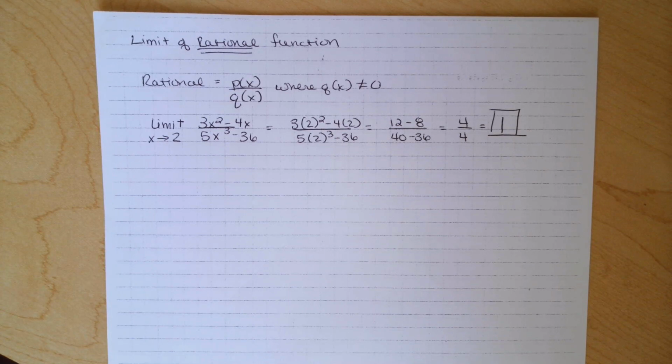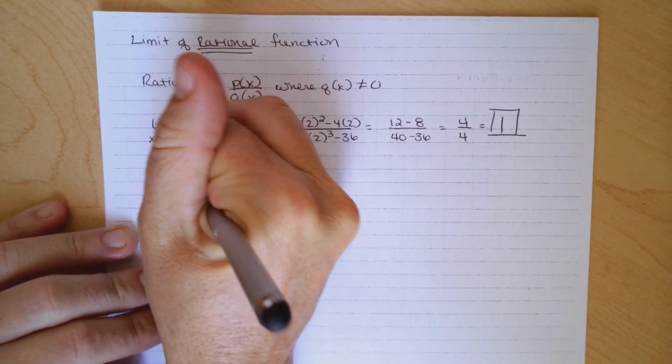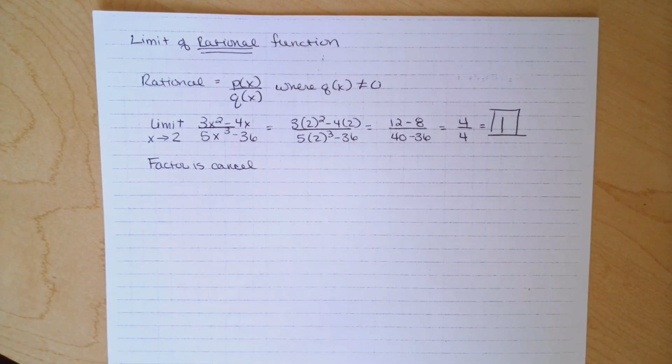But then sometimes we come across something that requires us to factor and cancel. So factor and cancel is something that you're going to want to look for when you get into a situation where the denominator is 0.